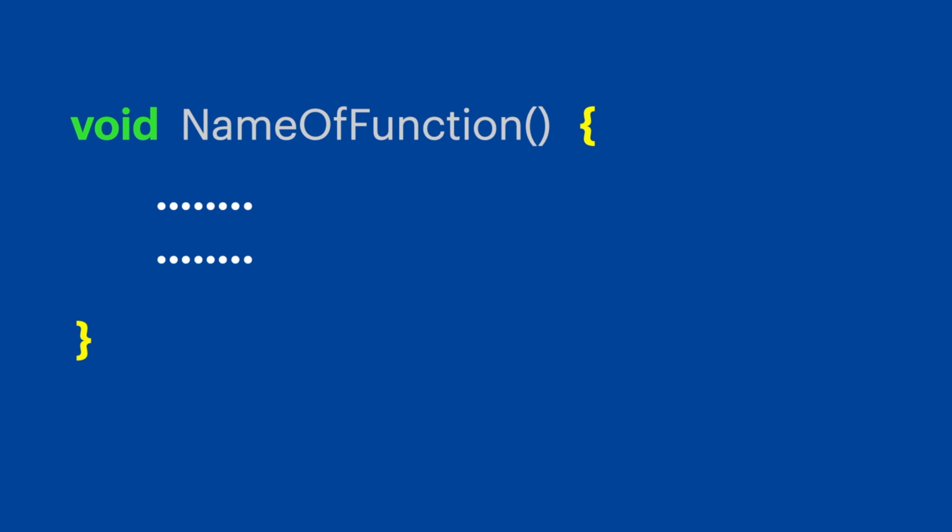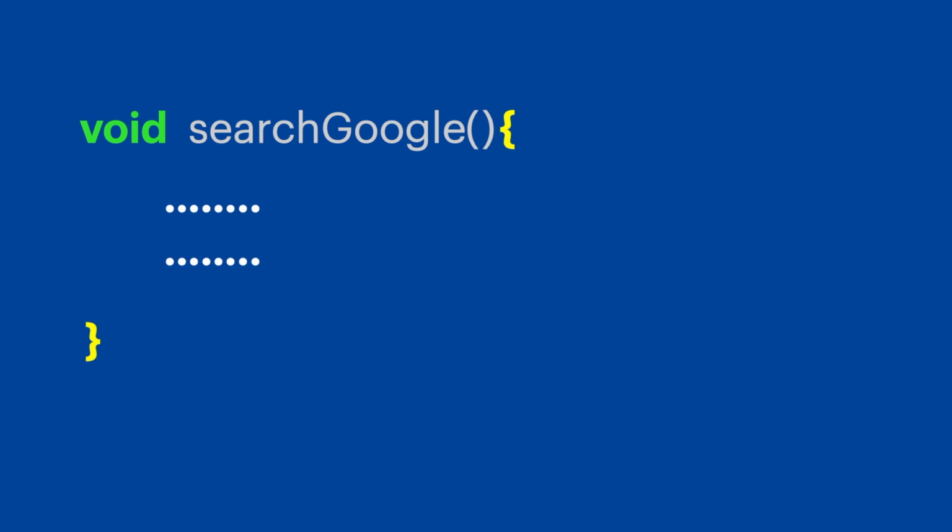So, after our return type, we need to have a name for our function. We make functions in order to get some work done, so make sure you give it a relevant and descriptive name, like searchGoogle. This name clearly tells us the purpose of this function, okay? Now, after the name, we have a pair of parentheses, and in these parentheses, we add our parameters.